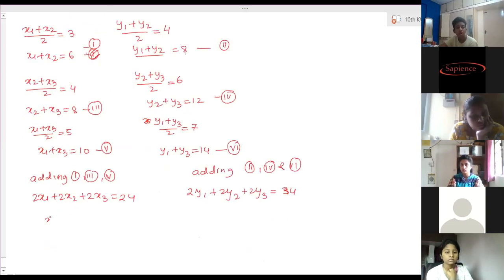So x1 + x2 + x3 is equal to 12, and y1 + y2 + y3 is equal to 17.